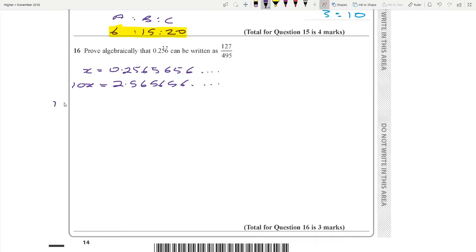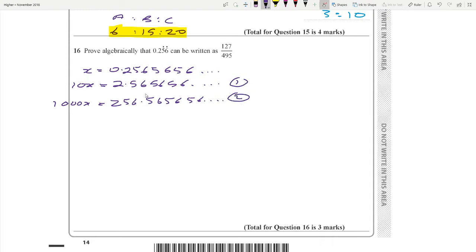So watch, if I times it by 1000, we get 256.565656. I'm going to call this the first equation, and this the second equation.